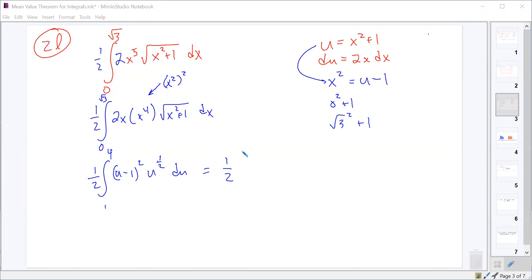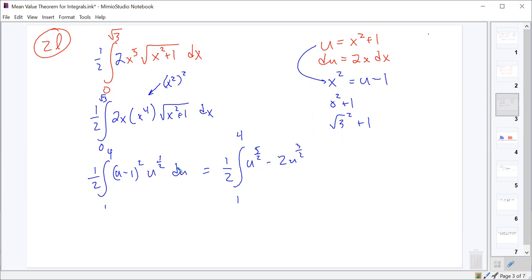All right, and so then we end up with 1/2 of the integral from 1 to 4, u minus 1 squared. We'll distribute that out and then take the u to the 1/2 through it. I'm going to do all that in one step. The u minus 1 squared's first term is u squared times u to the 1/2 is u to the 5/2. Then we get a minus 2u, so that'll be minus 2u to the 3/2.